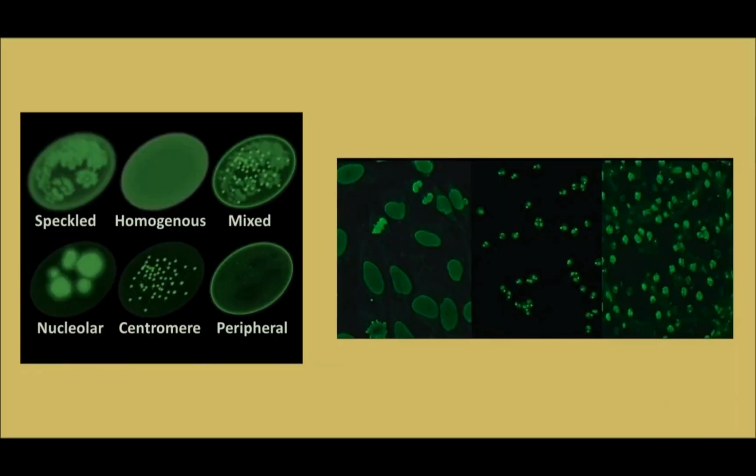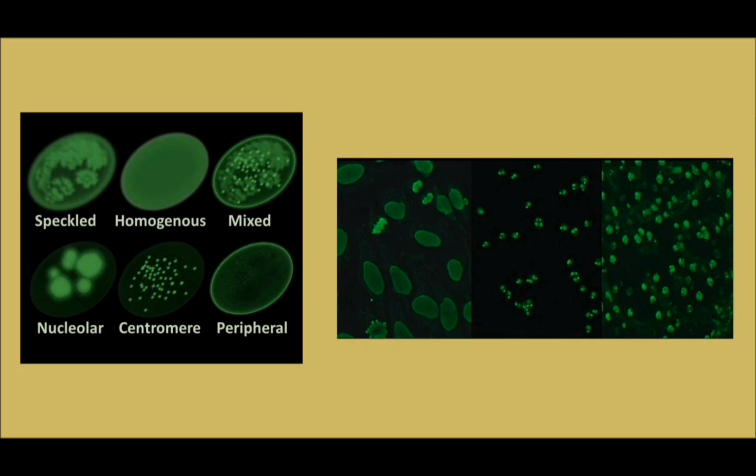If you look at these pictures, these are the classical ANA immunofluorescence images. On the left side, we can see the different nuclear staining patterns observed in ANA testing, that is, anti-nuclear antibody testing.